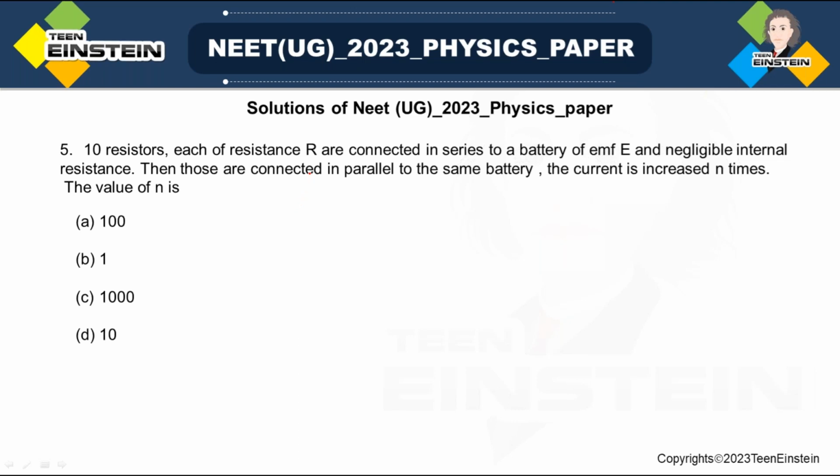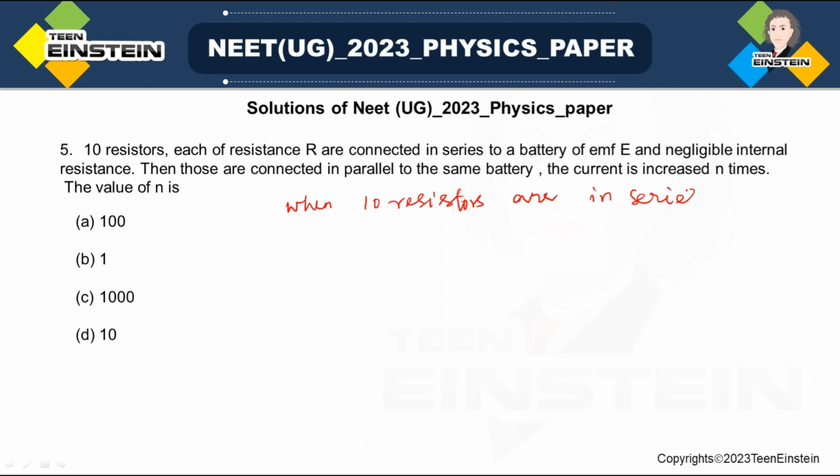That means the resistors are first connected in series with this battery. Then when the resistors are connected in parallel to this battery, the current is changed and increased n times from the previous value. So let us first find out when 10 resistors are in series.